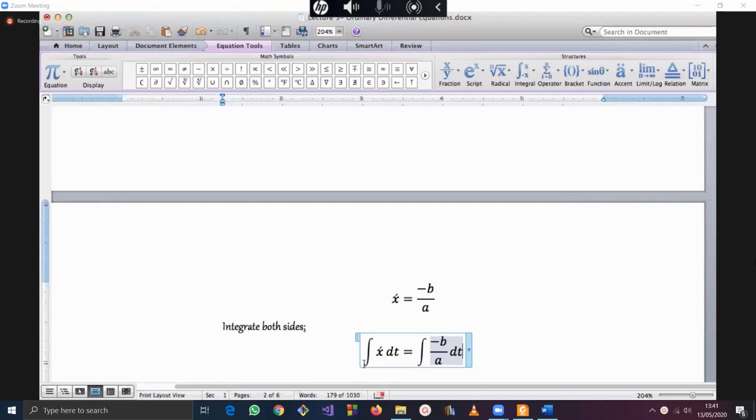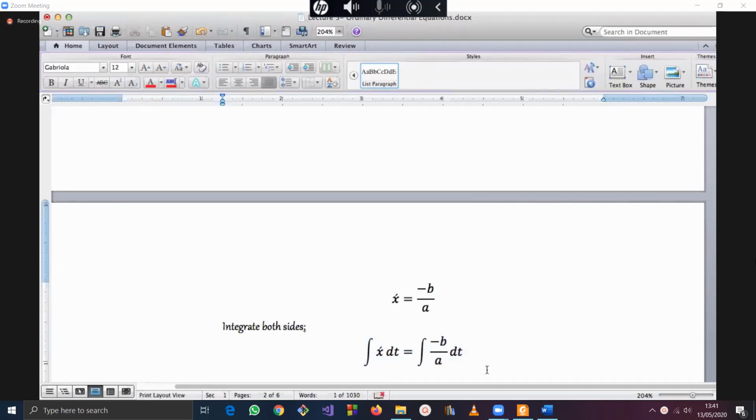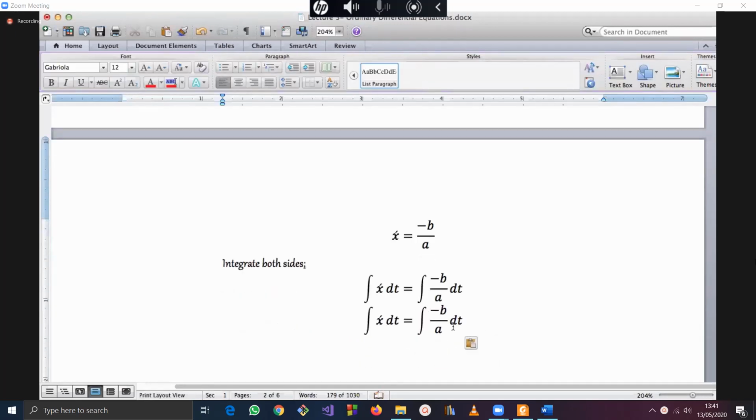Once you do this, since you have taken the derivative, on this side it remains to be x, and then this becomes now the solution, right? So this becomes now the solution.